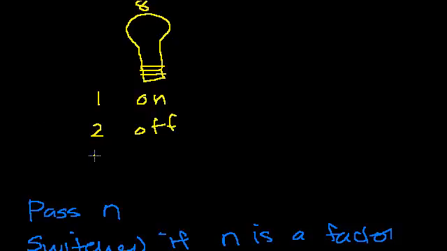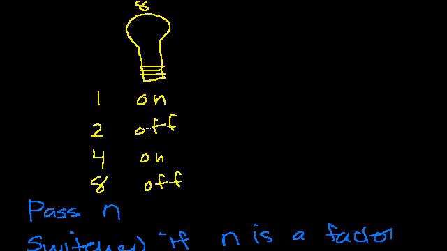Pass 3, nothing's going to happen because this isn't a multiple of 3. Pass 4, what'll happen? It will be switched back on. And then pass 8 is the next time we'll touch this light bulb, and it'll be switched back off. So every time one of its factors goes by, we're going to switch this thing.